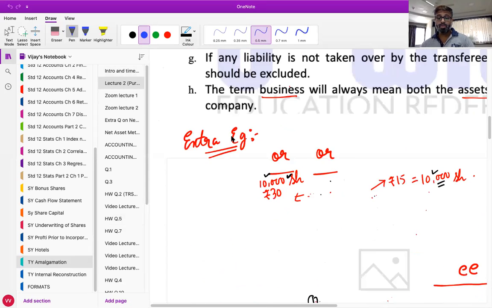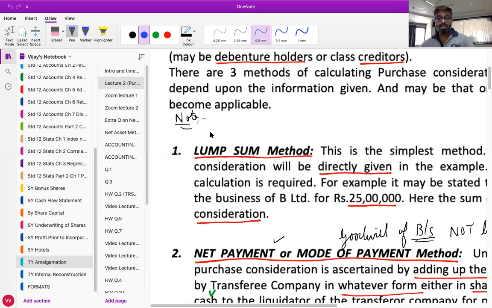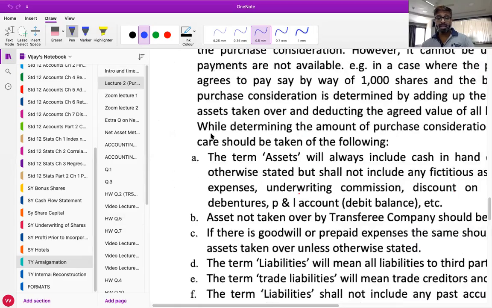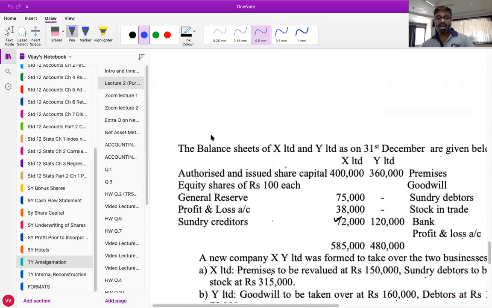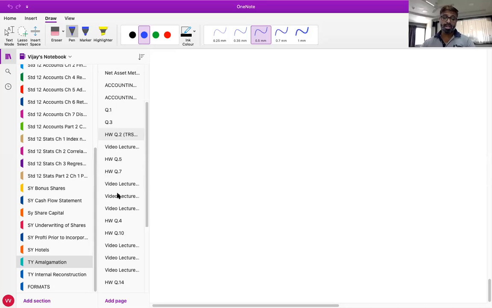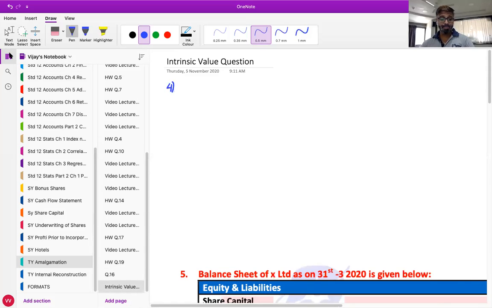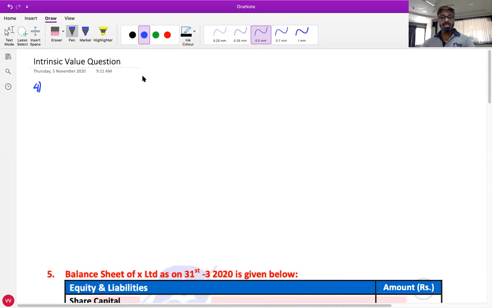Net payment method was done. Net asset method was done. And after that, intrinsic value method I did not take up, so we take it up today. That is the fourth method of purchase consideration.